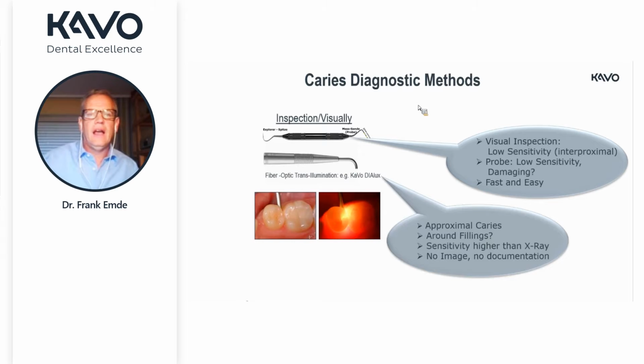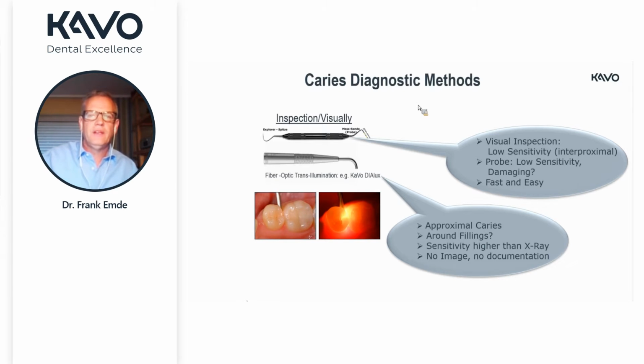In this category, I've also put the so-called fiber optic transillumination. You might have seen that I mentioned it as DIFOTI. I will come to it a little bit later as well. Fiber optic transillumination is a very old technology. Maybe one of you uses the KaVo Diagnodent or a Lerche probe, or sometimes polymerization lamps are used for that.